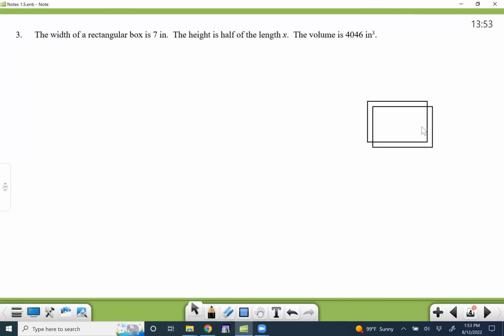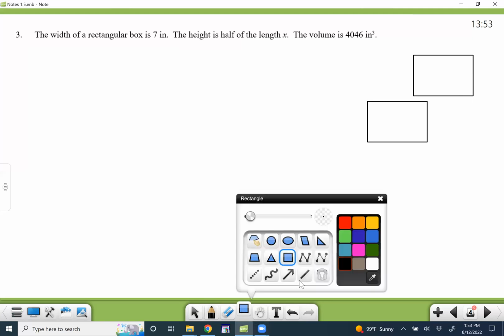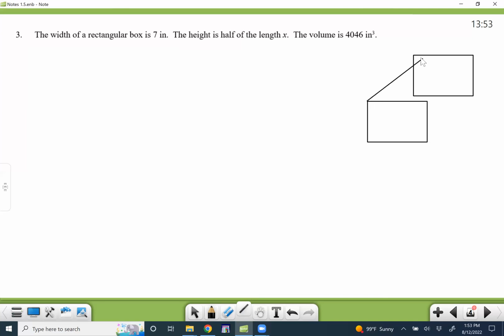It's not going to be perfect, you guys, but that's fine. Oh, that's not what I meant to do. Select it.